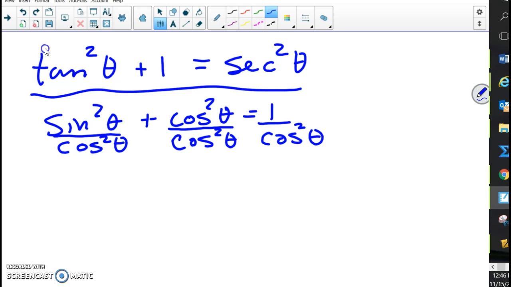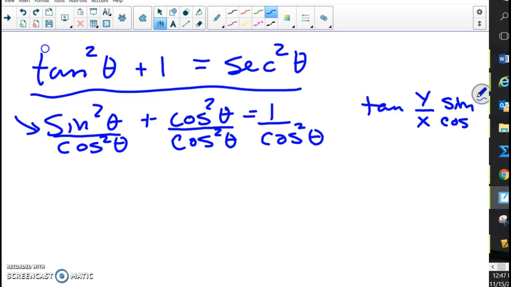we start to see how we're going to be solving these mysterious little puzzles. I want you to think of tangent as opposite over adjacent, or y over x. And we know that y is sine, and we know that x is cosine. And we see that identity right here.